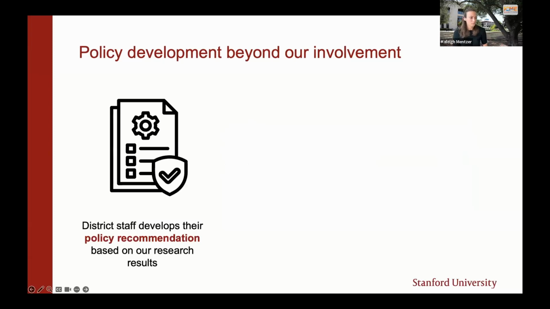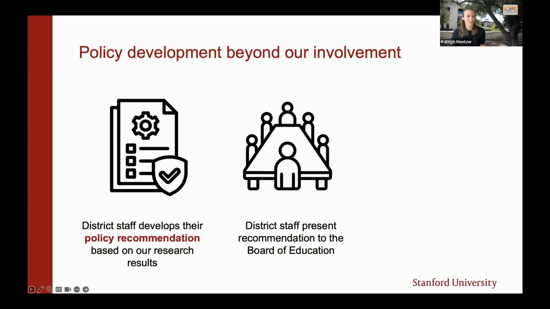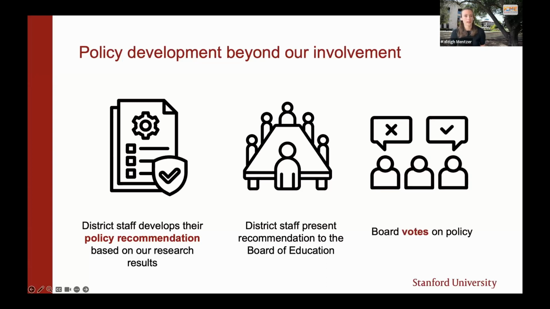So the district staff developed a policy recommendation that was informed by the trade-offs that we explored. And they proposed this policy to the Board of Education. And then finally, the Board of Education would vote on this policy and decide if they wanted it to go into effect. And so what actually happened is the board did end up approving some guidelines based on our policy.